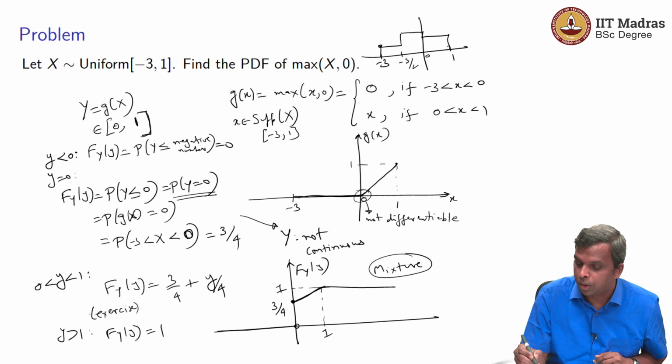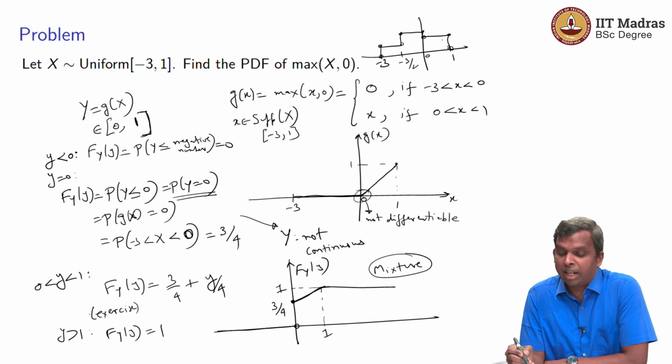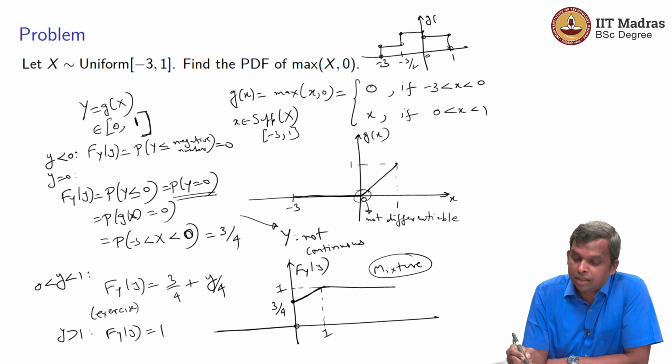You can put your little markings here if you like; it doesn't matter where you do this. So if it were a function like this, supposing x is uniform from minus 3 to 1, and g of x takes values, say, 1 by 3, 2 by 3, and 1.